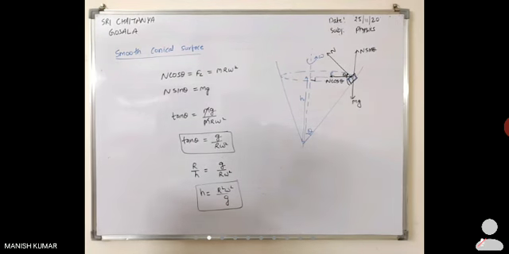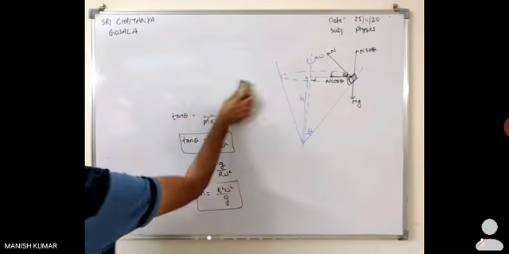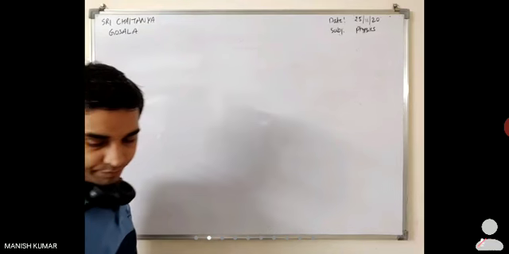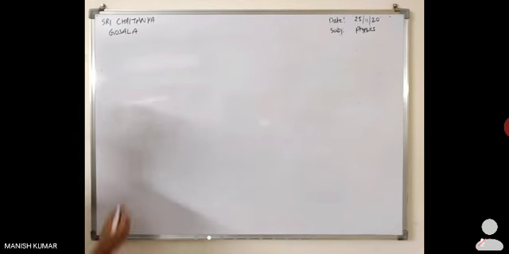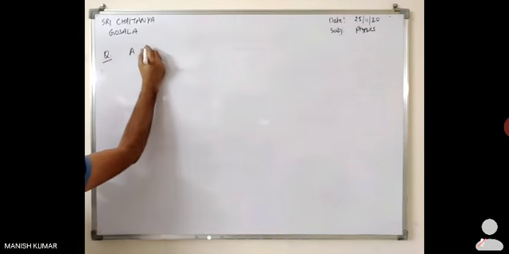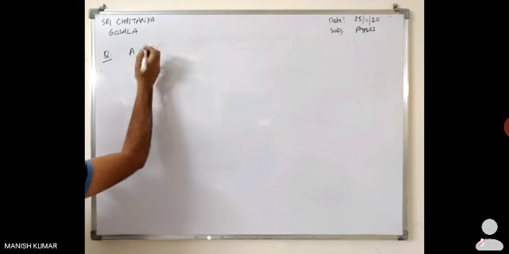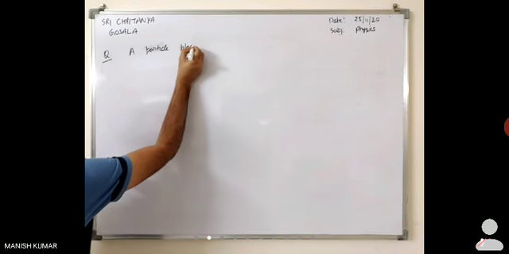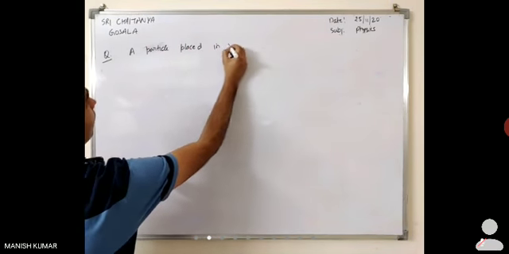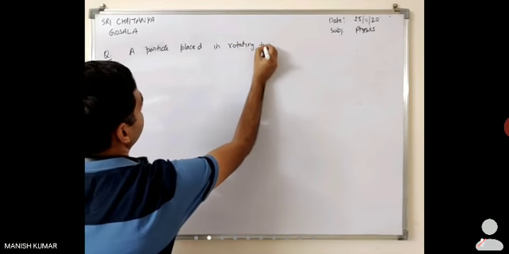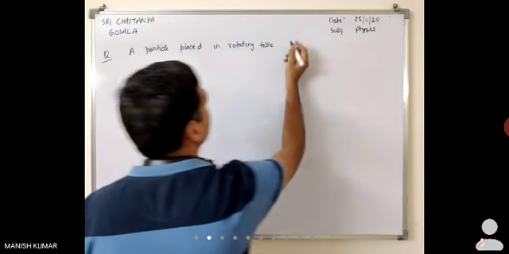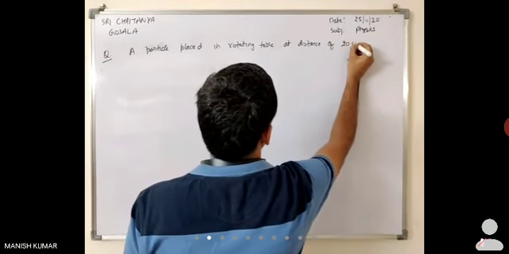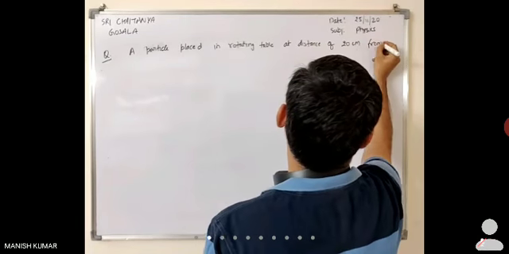Now, let's take some questions. Place a particle on a rotating table at a distance of 20 centimeters from the axis.